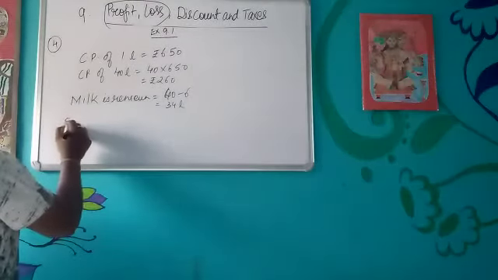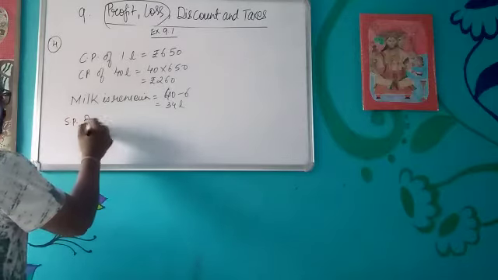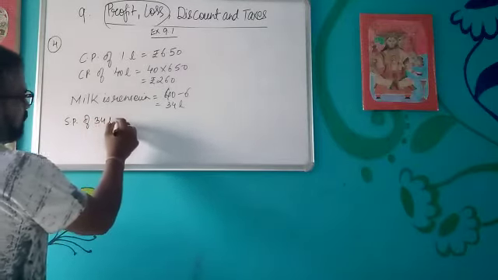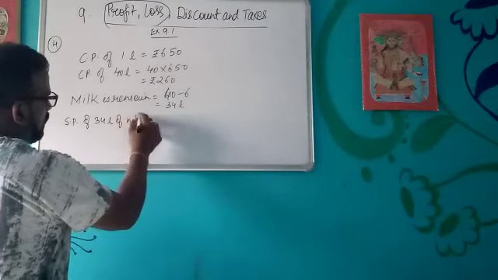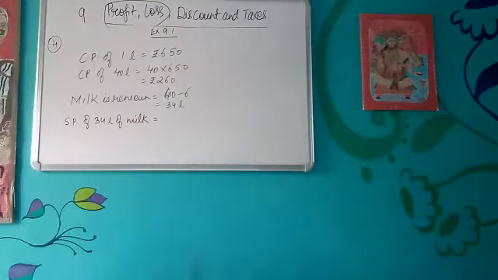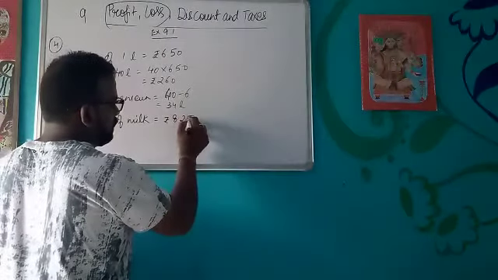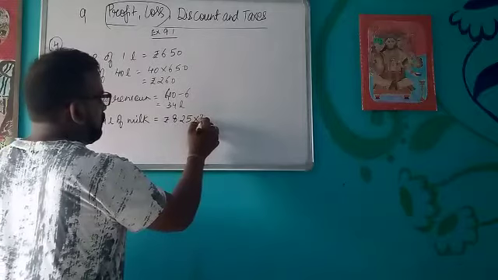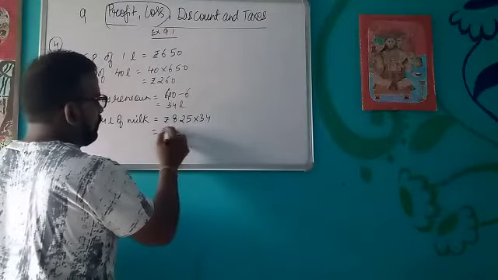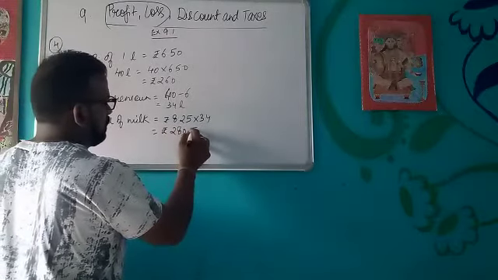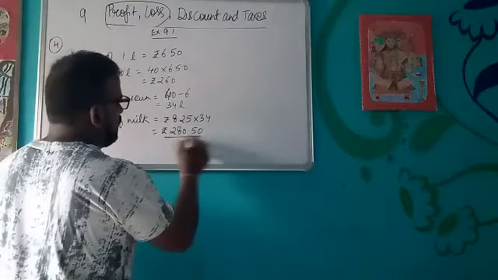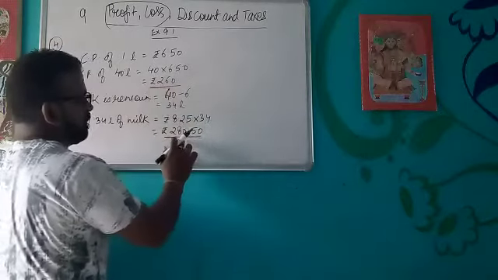Now we will calculate selling price of 34 liter of milk. And what is given? Selling price of 1 liter of milk is given as rupees 8.25 into 34. So when you calculate, you will get the selling price. So if you compare, what is there?